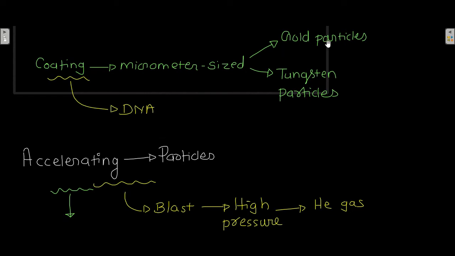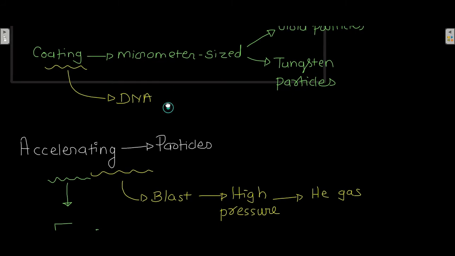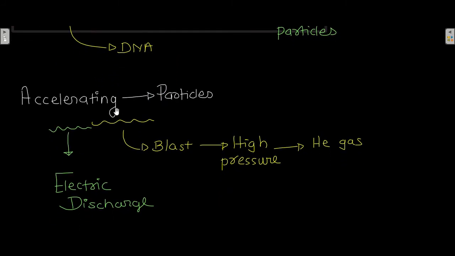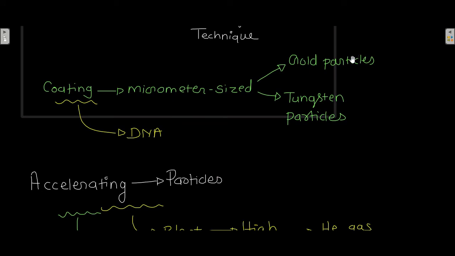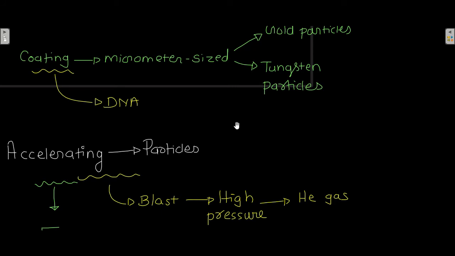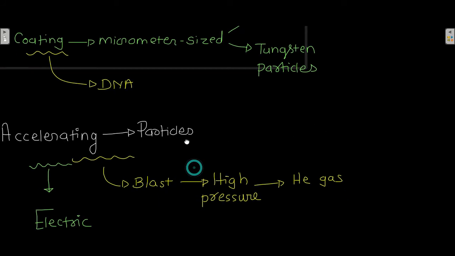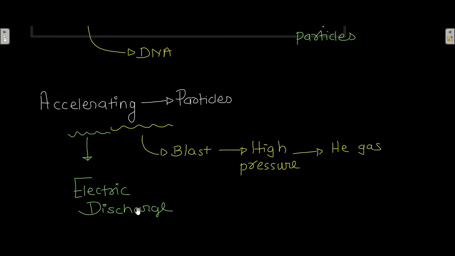You take gold or tungsten particles, coat them with the DNA, and then you accelerate these DNA-coated particles into the cell by using a blast of high-pressure helium gas or by using electric discharge.